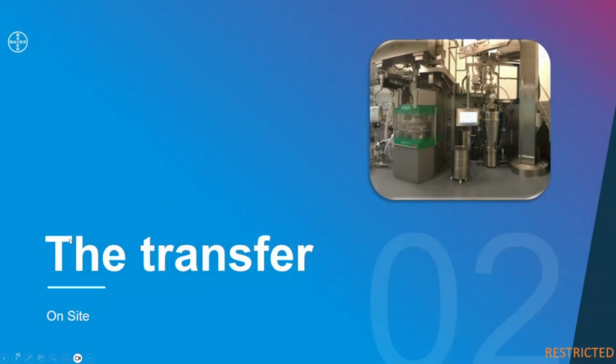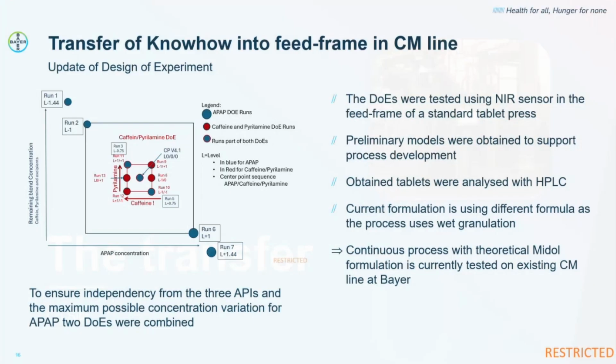So we went into transfer and had the first check on the Conti rig. This was the know-how transfer. So what we actually figured out during this feasibility, the first proof of concept, was that we need to ensure independency of the three APIs and the maximum possible concentration variations for APAP.